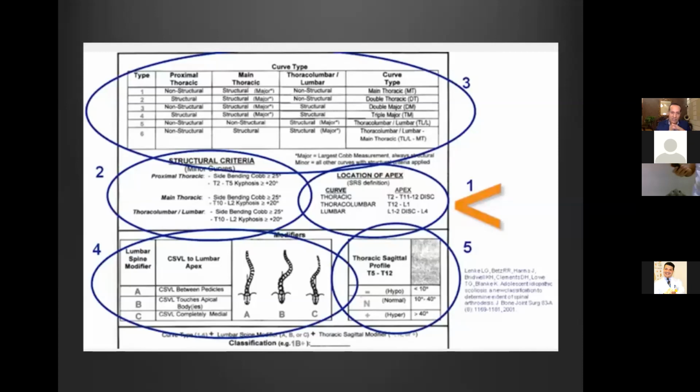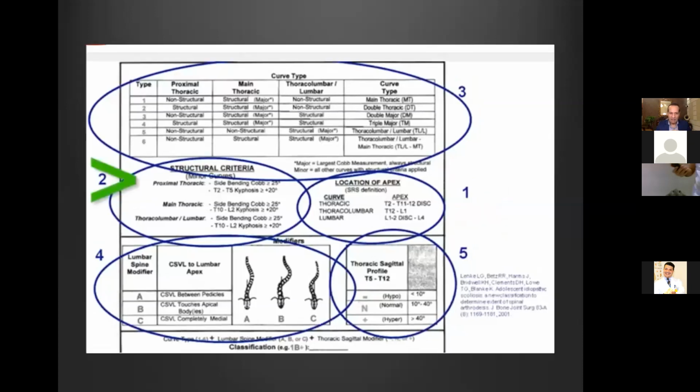Then we go to the structural criteria, which is the second part. For the proximal thoracic, the main thoracic, the thoracolumbar and lumbar, any side bending of more than 25 degrees is structural. Less than this is non-structural. The thoracolumbar and lumbar are the same, and the main thoracic is the same regarding side bending.